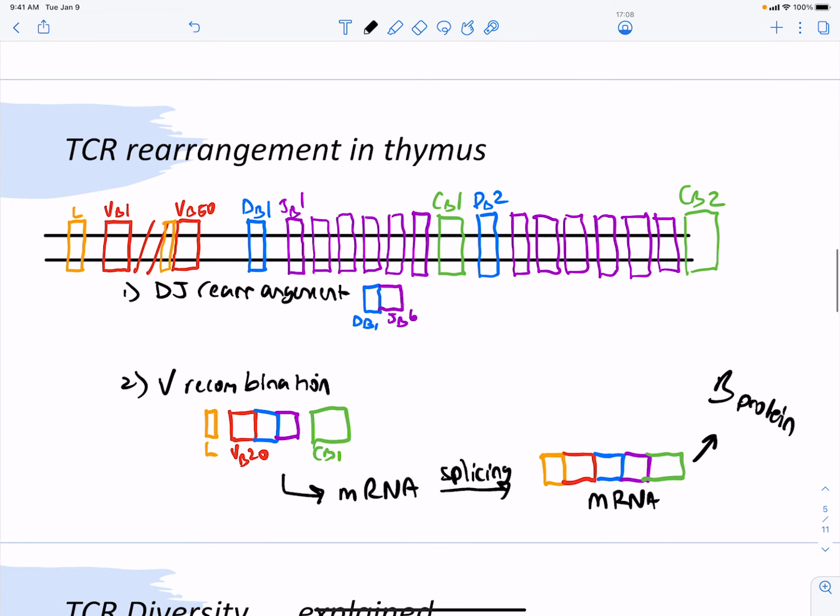And then you're going to have the same rearrangement with your alpha cells. So this is for your beta chain. And then I'll just write very simply for your alpha cells. Alpha cells, you're going to get recombination of your variable and joining genes, and then they will combine with your constant alpha.